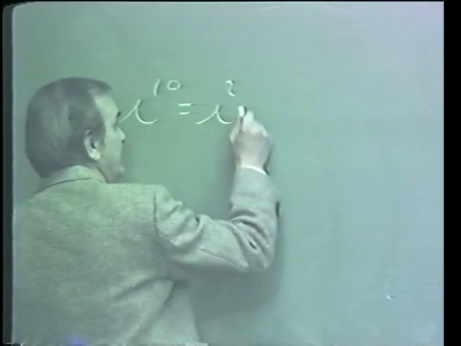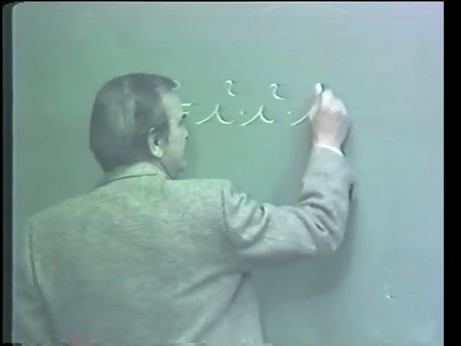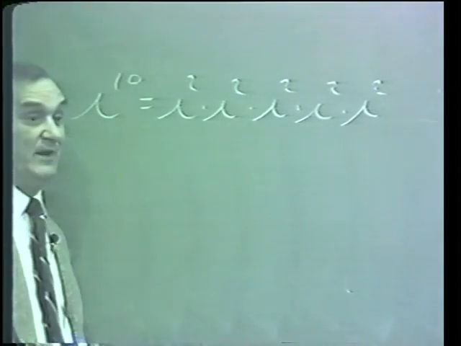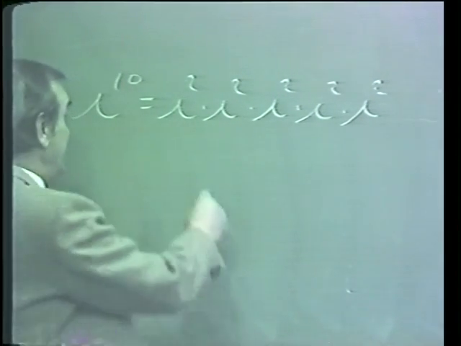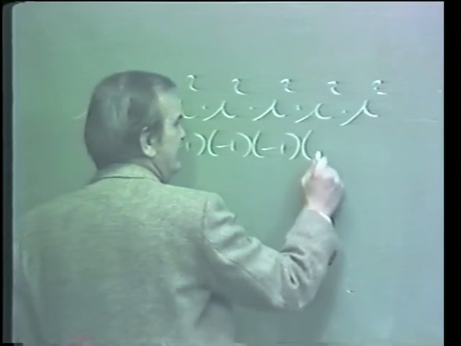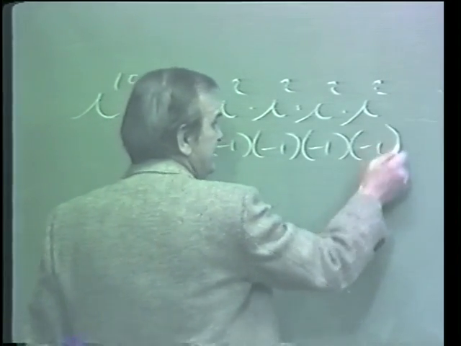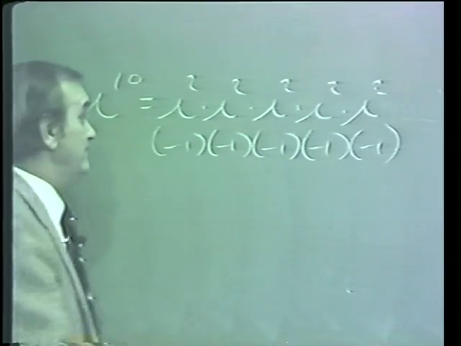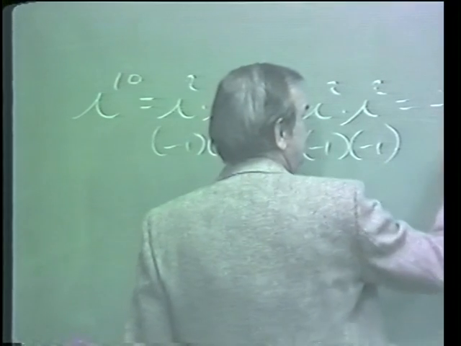We have i squared times i squared times i squared, but each of these i squares is a negative 1. So we have negative 1 times negative 1 times negative 1 times negative 1 times negative 1, which is negative 1.